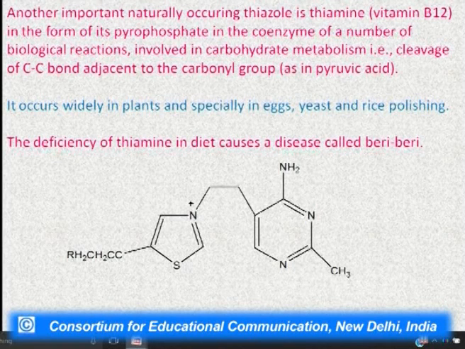It occurs widely in plants and especially in eggs, in yeast and rice polishing also. The deficiency of this thiamine in diet causes the disease called beriberi. This vitamin also contains the important thiazole ring. So, this was all about the naturally occurring biological compounds which contain these azole rings.